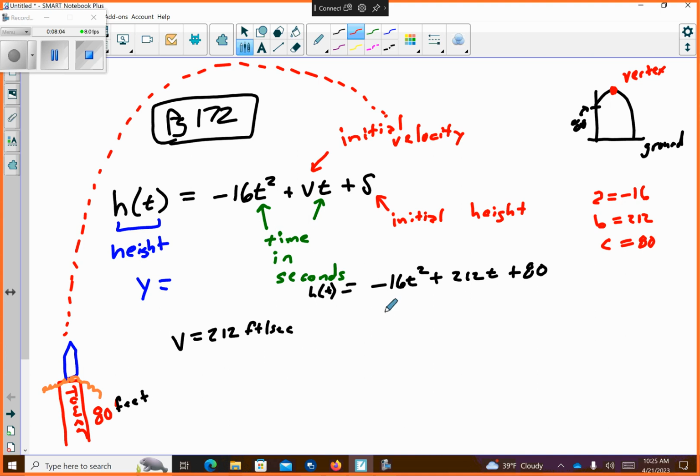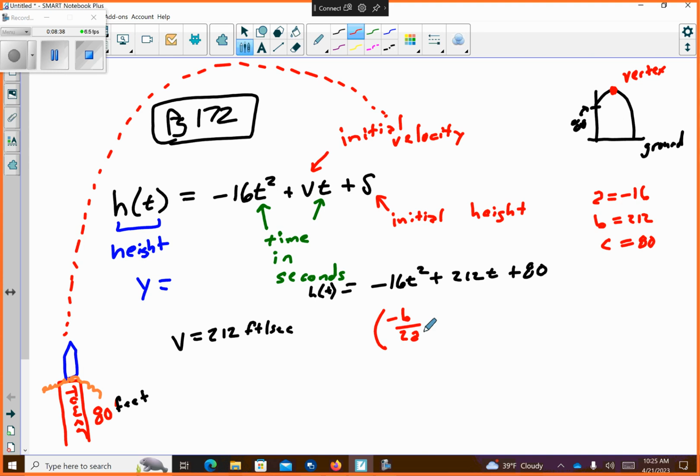So back when we first started parabolas, what was the first thing we did to find the x value of the vertex or the axis of symmetry? What equation was it? Anyone recall? What was the original equation that we did to find the x value of the vertex? It was negative b over 2a.